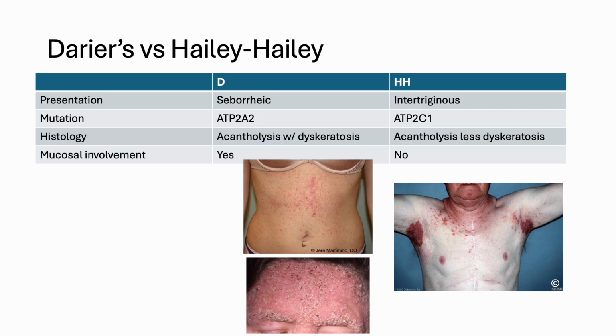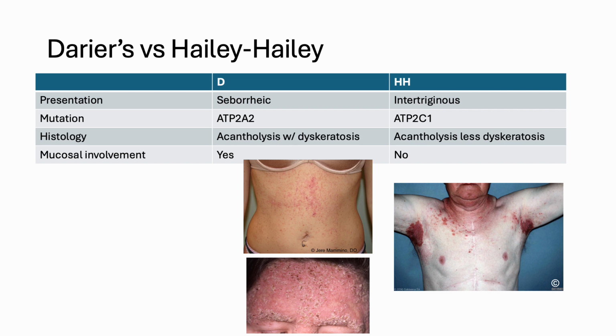And here is a comparison between Darier and Hailey-Hailey disease. For Darier, we see the distribution involving the back, the chest, the head and neck. The mutation is 2A2. Histology shows both acantholysis plus dyskeratosis. Remember, this is one of the Ds. Mucosal involvement is yes.